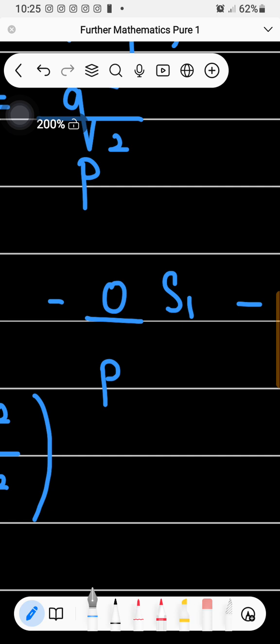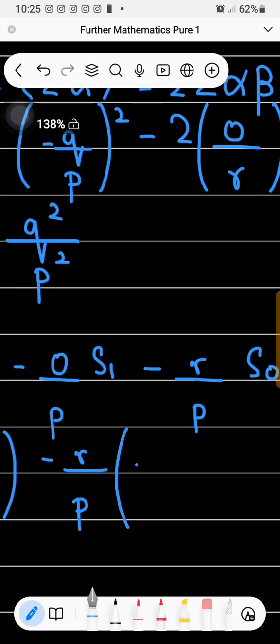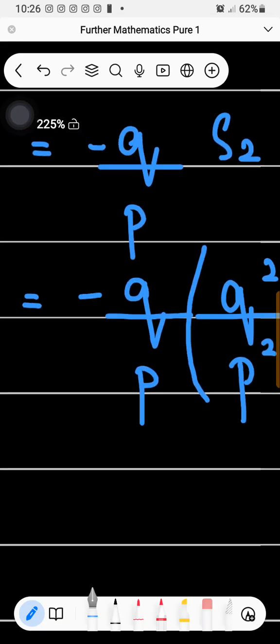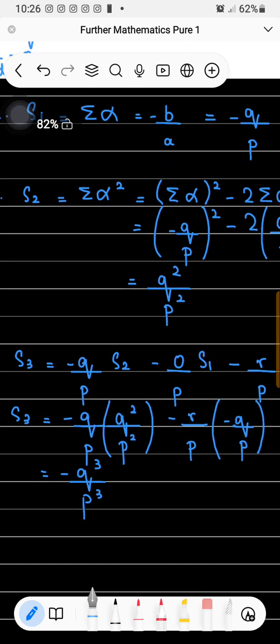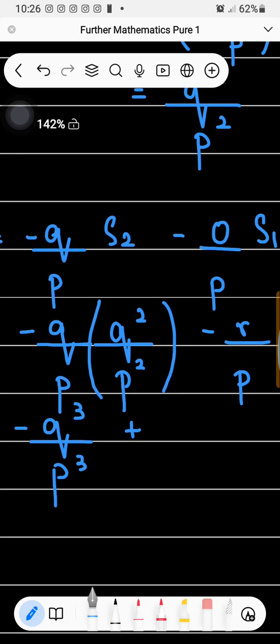And minus r upon p by S1. We had found S1 as negative q upon p. Okay, so now we will simplify it, and we will be with our answer. It becomes negative q cube divided by p cube, and that becomes plus rq, or we can write qr.